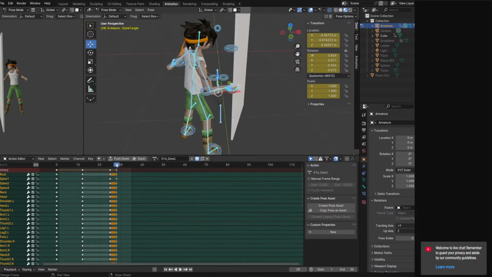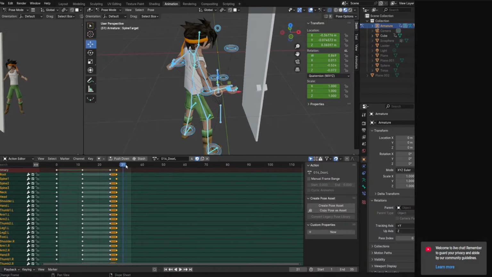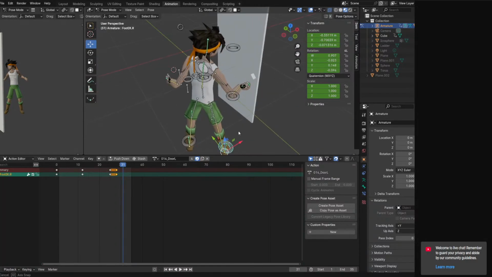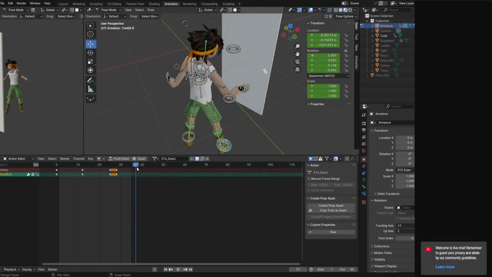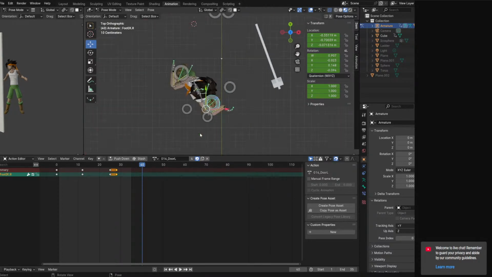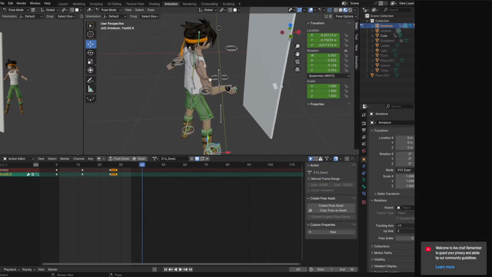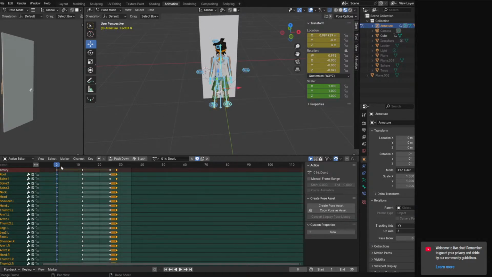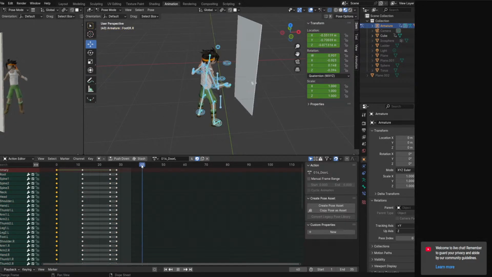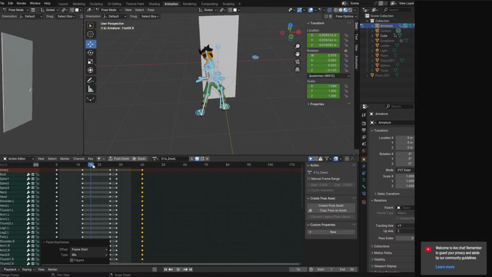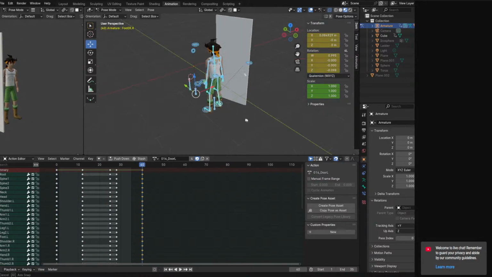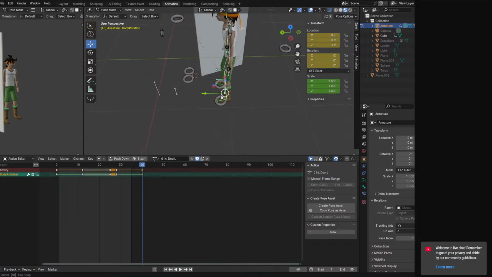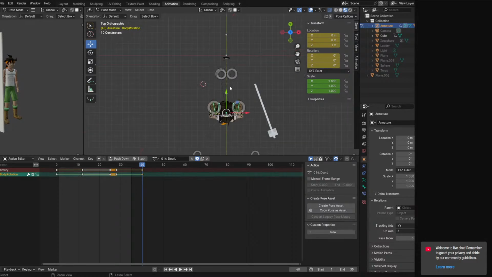I think right away we can have him start walking through. Have him through maybe on frame 40. Let's copy all these frames here, except have him on the other side.